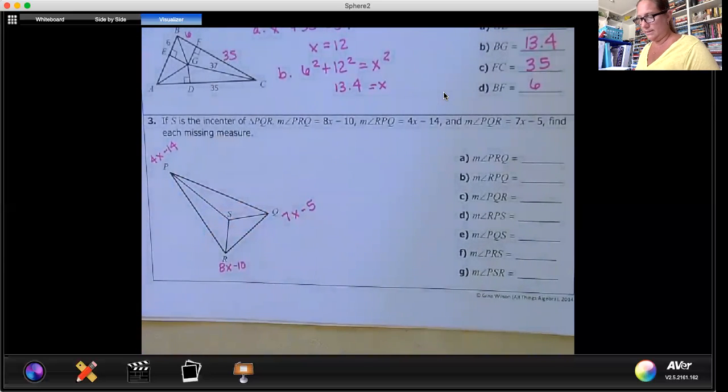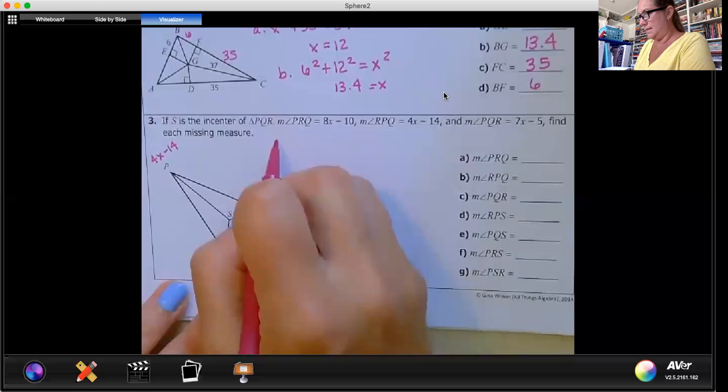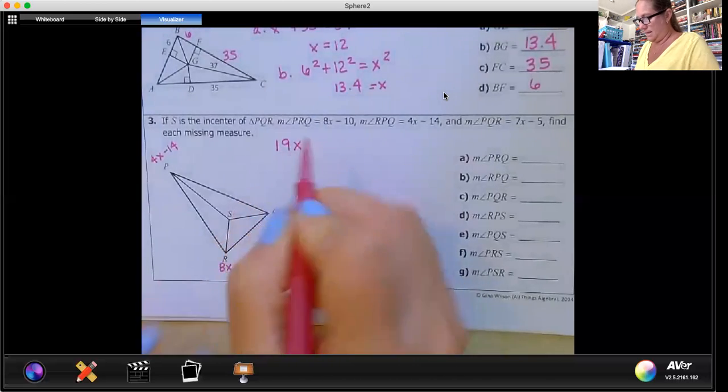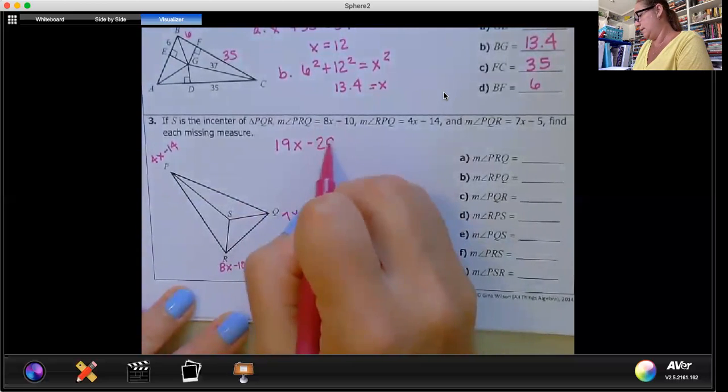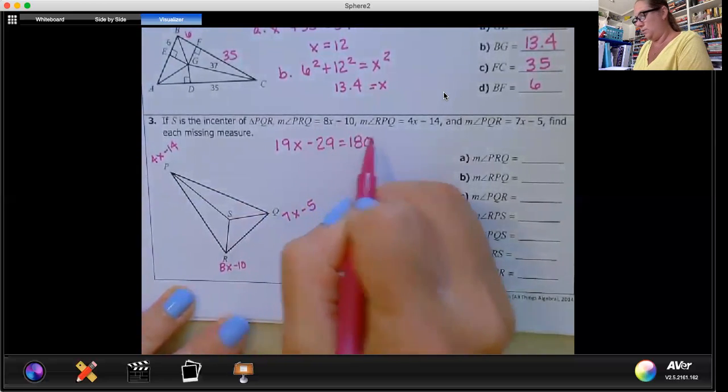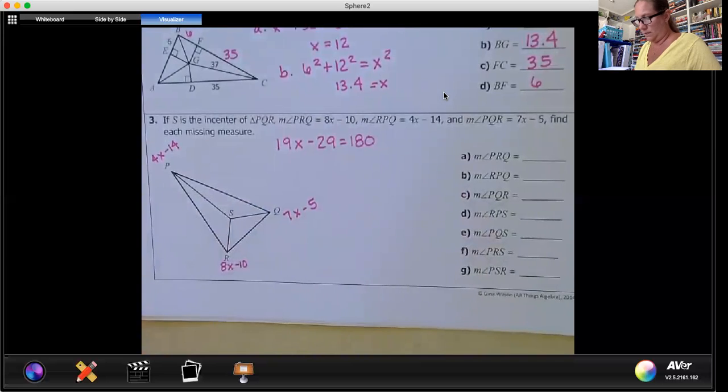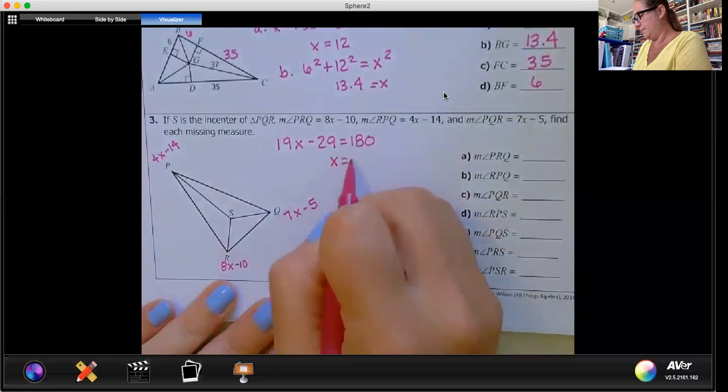So 7 plus 8 plus 4 is 19x. And then negative 14 minus 10 minus 5 is negative 29 equals 180. So 180 plus 29, divided by 19. X is equal to 11.